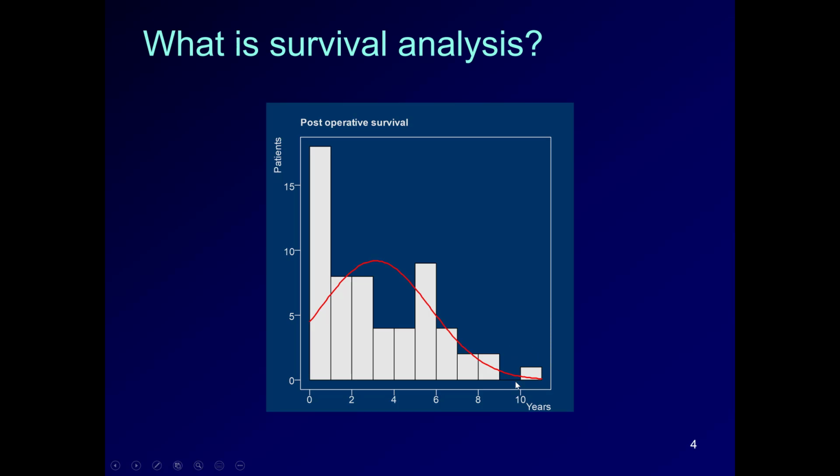They survive a long time after that surgery. So if we're interested in long time periods until an event happens, and there is this strong right skew of data, again, traditional normality-based statistical procedures are not going to be appropriate here.